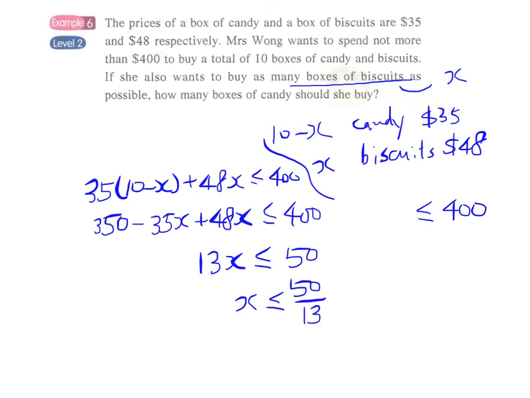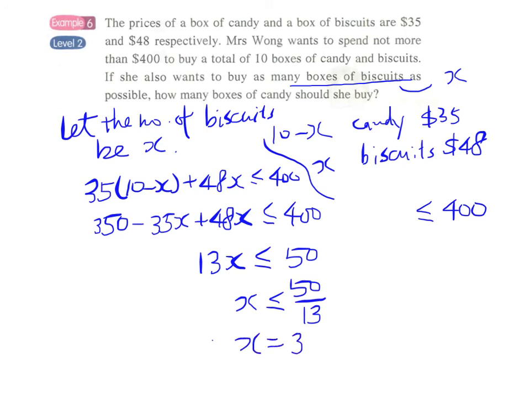And since x represents the number of boxes of biscuits she should buy, let the number of biscuits be x. And now we can find that this is actually not an integer, but the number of boxes of biscuits should be an integer. So x will be 3, since this will be 3 point something.